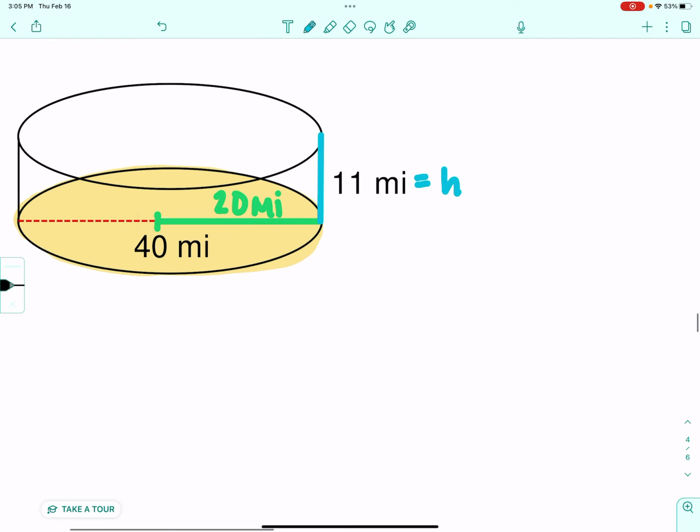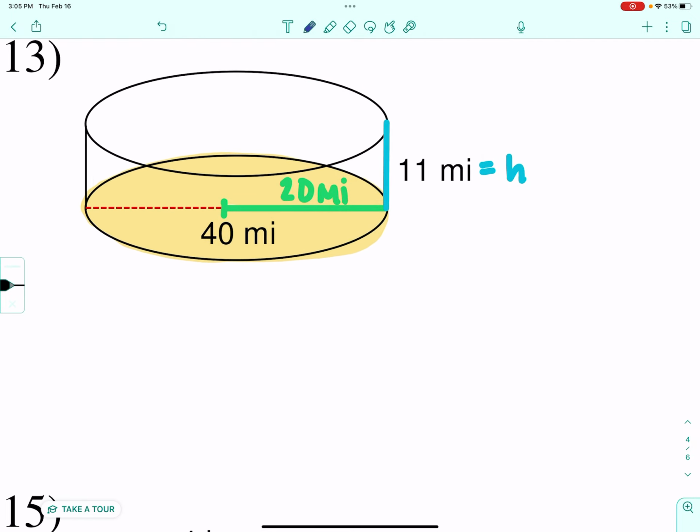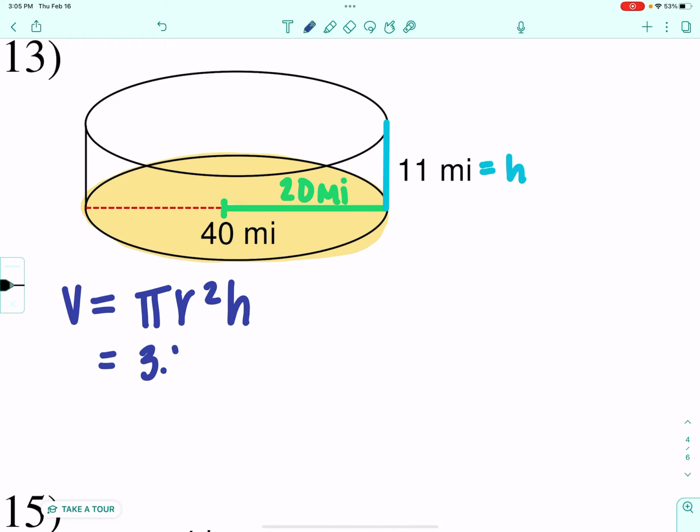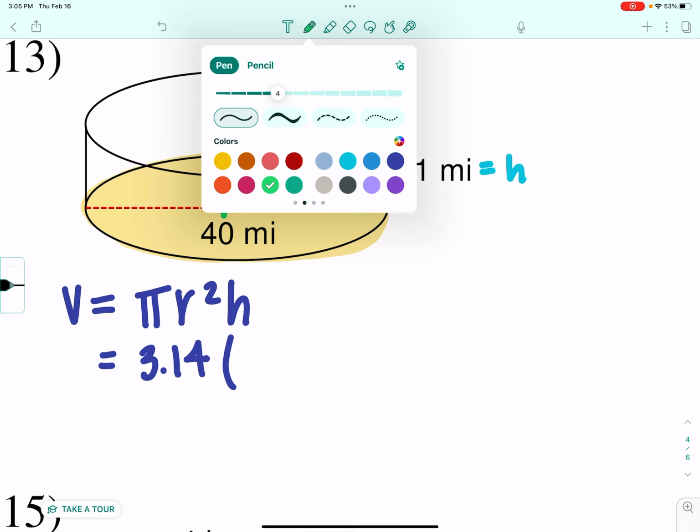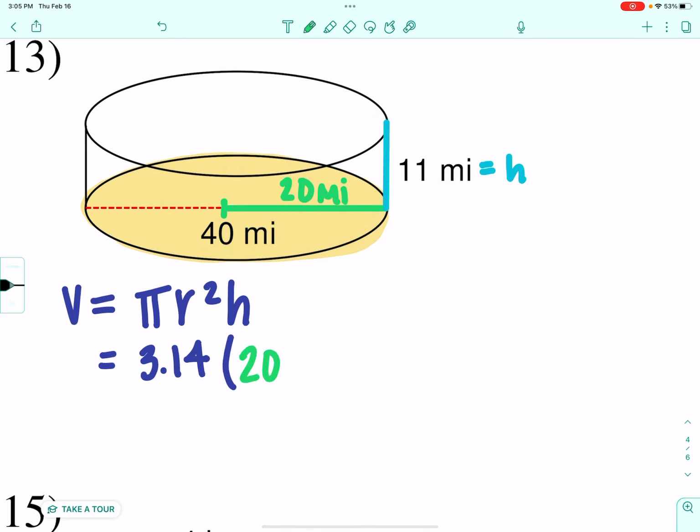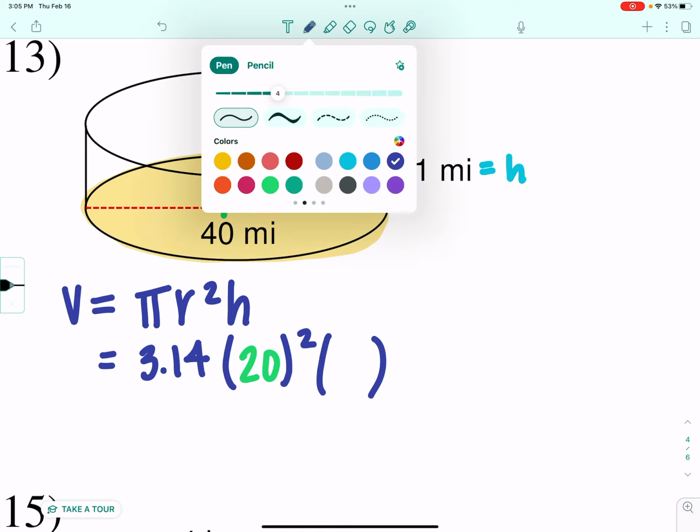And I'm ready for my formula. We know volume is pi r squared h. We used 3.14 for pi in the last one, so we will use it here too. The radius was 20. And the height was 11.